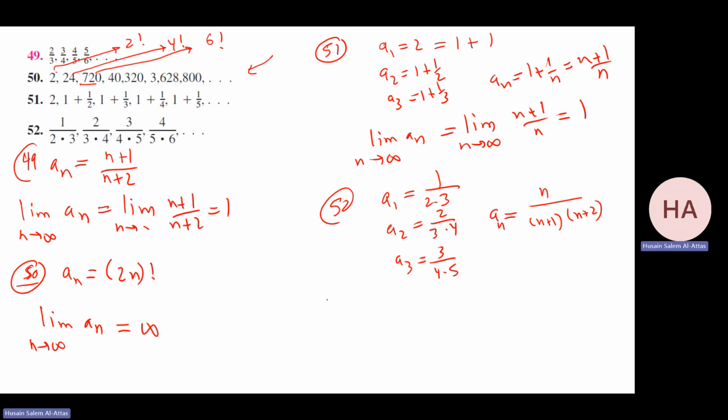So this is the limit as n goes to infinity of a_n. That will be the limit of n over n plus 1 times n plus 2. This is not the same degree. The degree of the numerator is less than the degree of the denominator, and that will be 0.